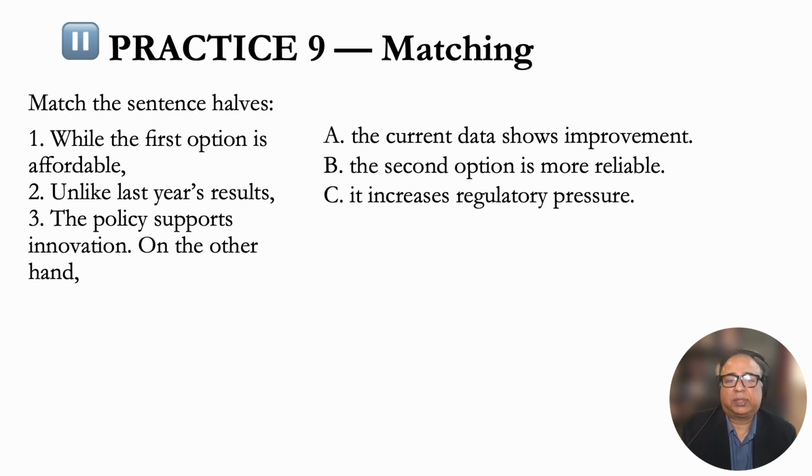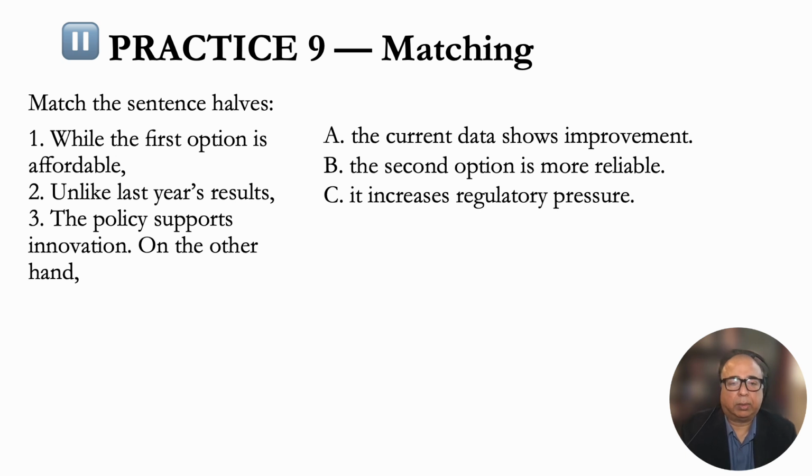All right, match the sentences. There are halves. While the first option is affordable, comma, right? Only half a sentence. And then in the right column, you have A, B, C, the rest. Can you match them up? The numbers and the letters. Okay, pause the video now.